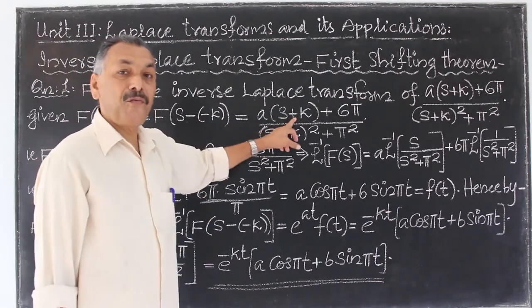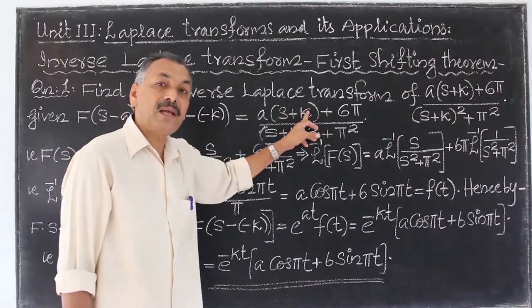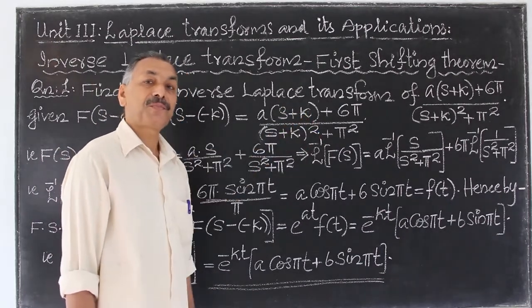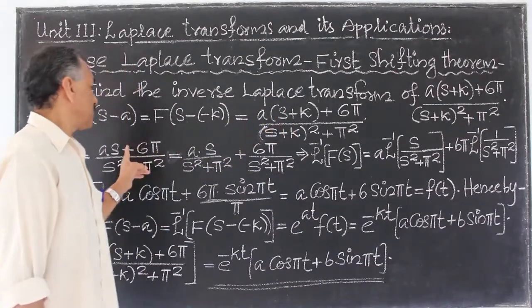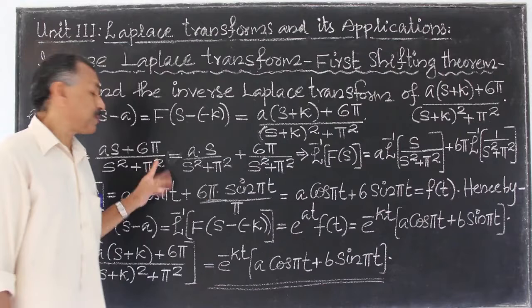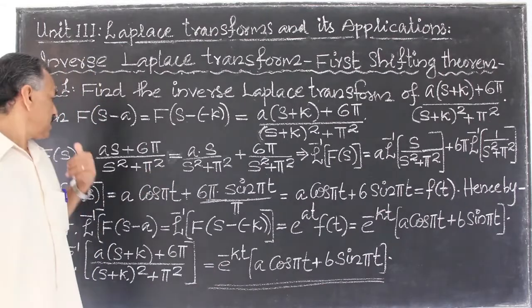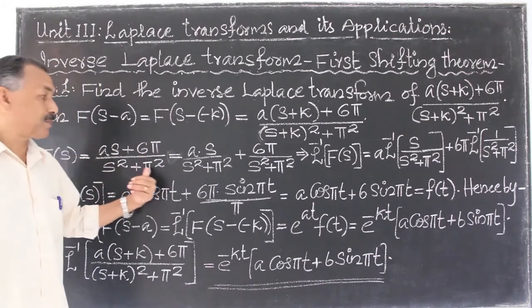Similarly, here it is f(s−a), s−a is s+k, so s is s. That is equal to A into s + 6π divided by s² + π². That is, f(s) is equal to As + 6π divided by s² + π².